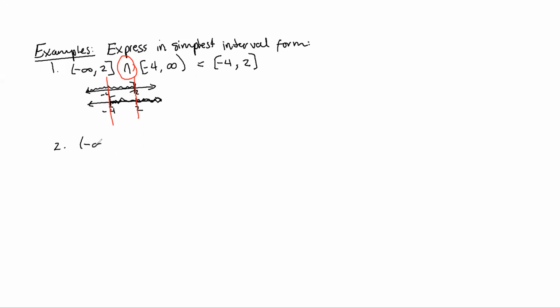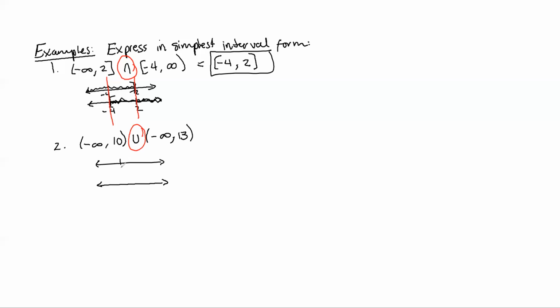So let's say we have negative infinity, sorry, I want to box that one, to 10, parenthesis, union, negative infinity to 13. So we want everything that's included in both of these intervals because we're looking at the union. So let's go ahead and actually draw out the two number lines. If you can tell what the union's going to be without graphing, that is perfectly fine.